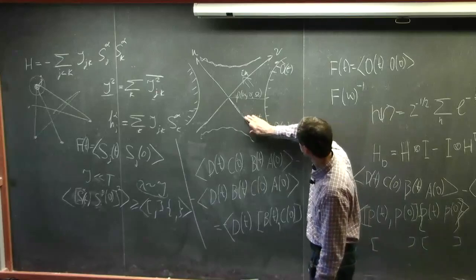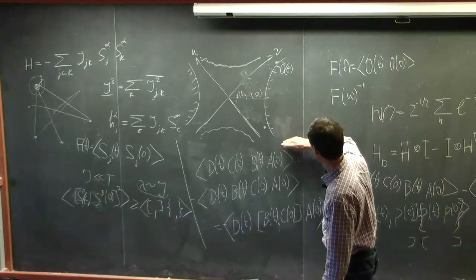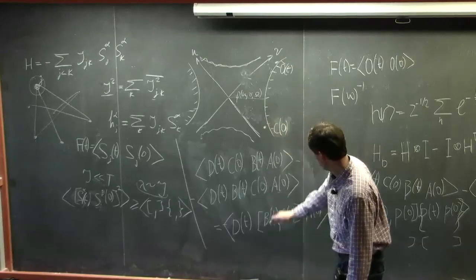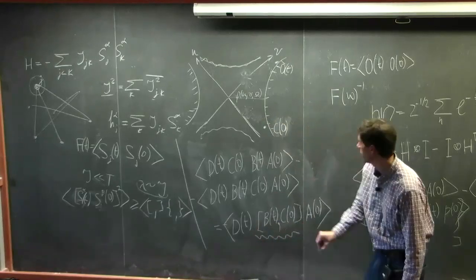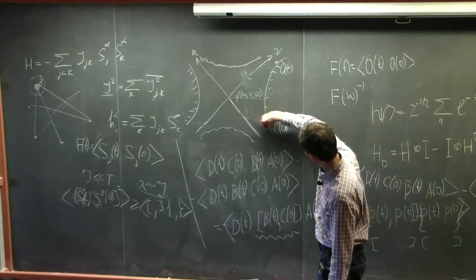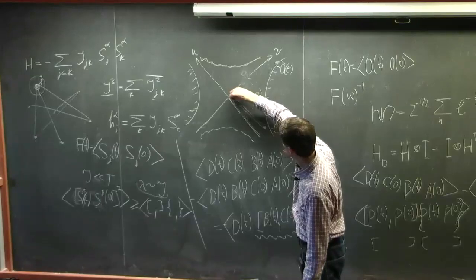In this case, we're applying C of 0. We hit the system with C of 0, and we're focusing on the commutator. This operator creates some field modes that fall in.